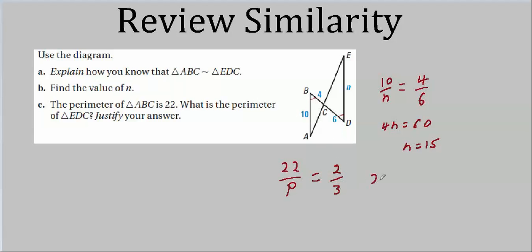And that gives us 2p equals 66, and p equals 33. Or about 1.5 times this, which makes perfect sense, because if the small one is 2/3 of the big one, the big one is 3/2 of the small one. So our answer makes sense, and we're done.